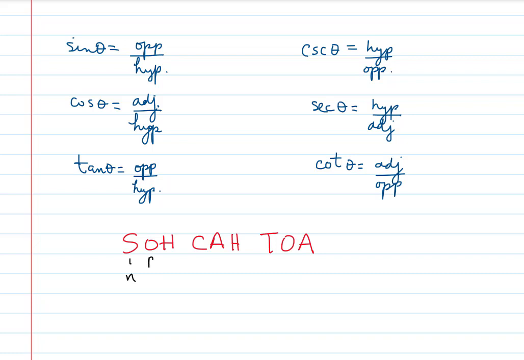Sine is opposite over hypotenuse, cosine is adjacent over hypotenuse, and tangent is opposite over adjacent. This acronym is just good for the first three, but if you remember those, you can deduce the other three just by taking the reciprocals. Just remember which one goes with which, because at first it's easy to get mixed up.